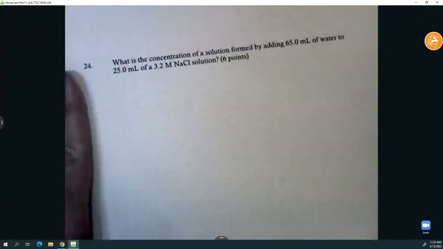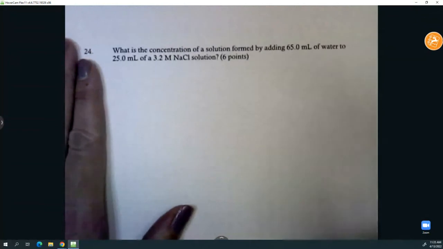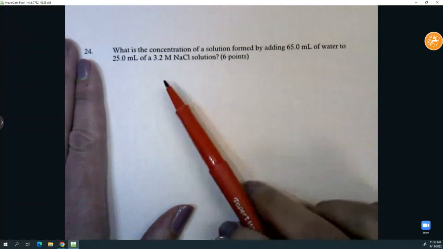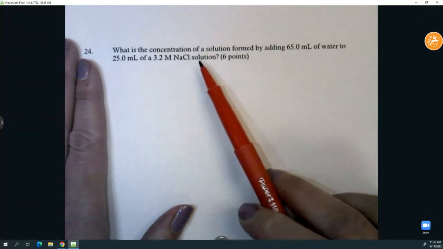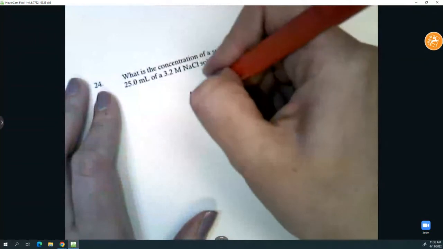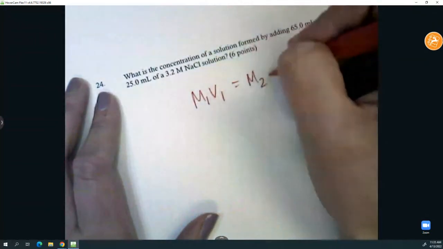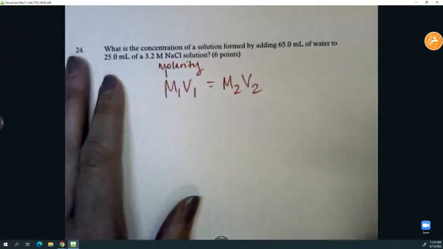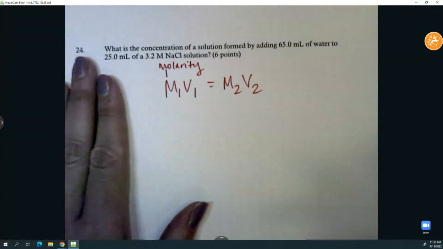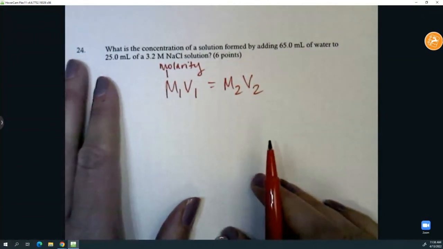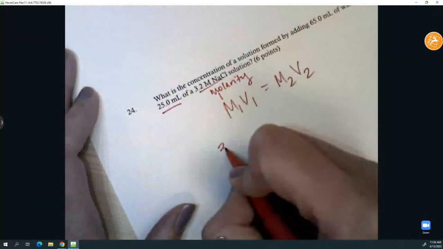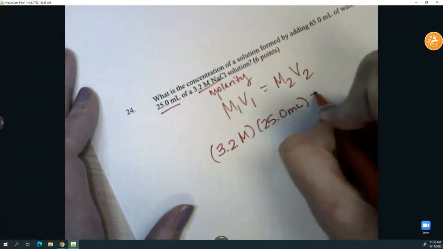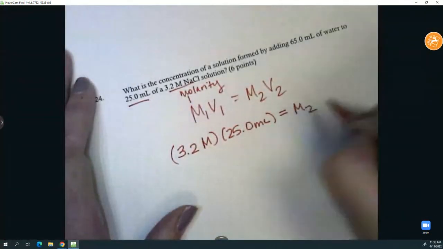And then finally, okay, so here's the dilution problem, which is, what is the concentration of a solution formed by adding 65 milliliters of water to 25 milliliters of a 3.2 molar NaCl solution? So a dilution is M1V1 equals M2V2, where M is the molarity. So for my initial, I can use these numbers. For my final, M2 is my question.